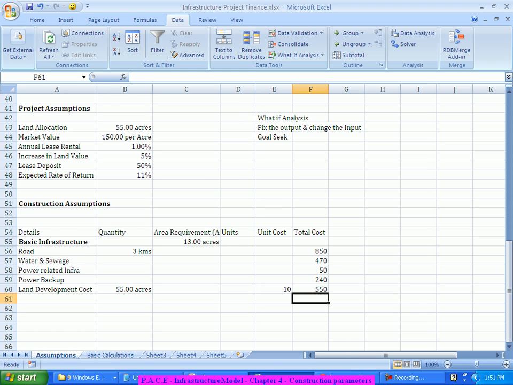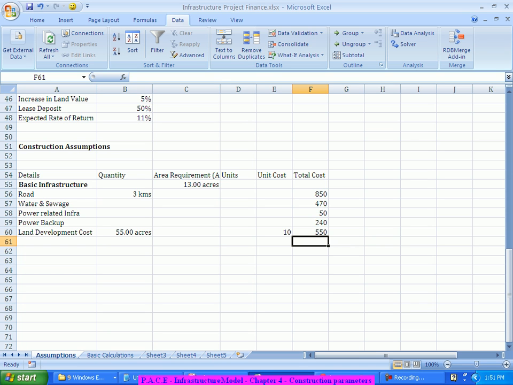So the basic infrastructure cost. These are what we are calling a basic infrastructure. Land. So probably this can even be input for you if you are developing something else. It need not be a bus project.